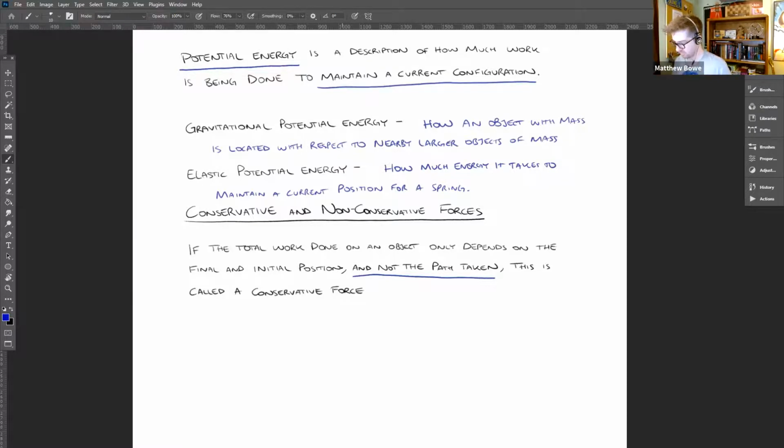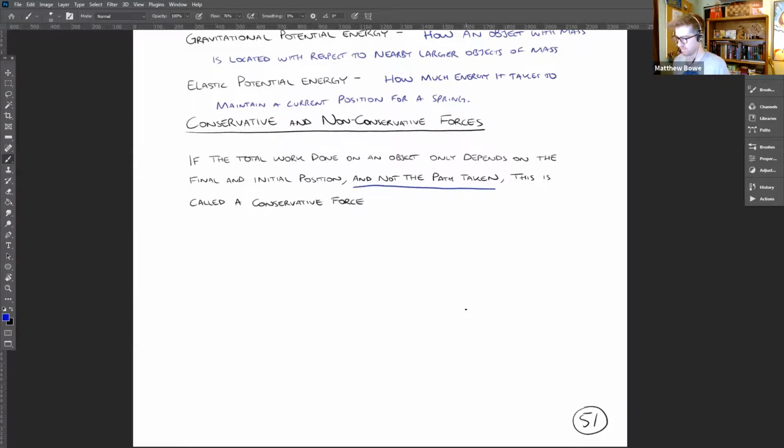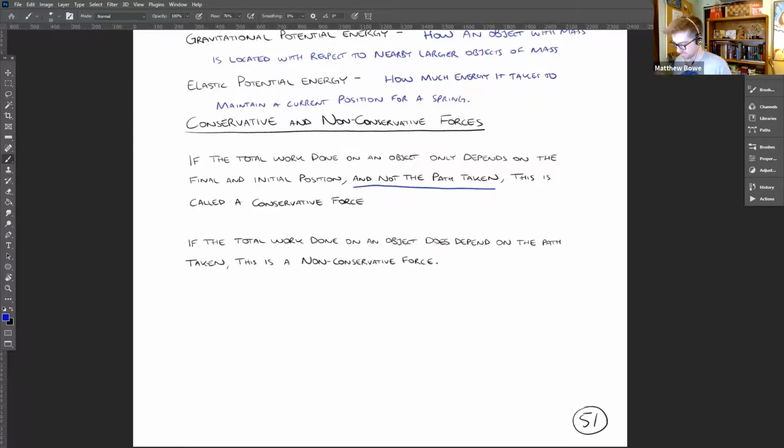I'll do a little diagram to maybe show this at the bottom of the page. So we have conservative forces and non-conservative forces. If the total work done on an object does depend on the path taken, this is a non-conservative force.